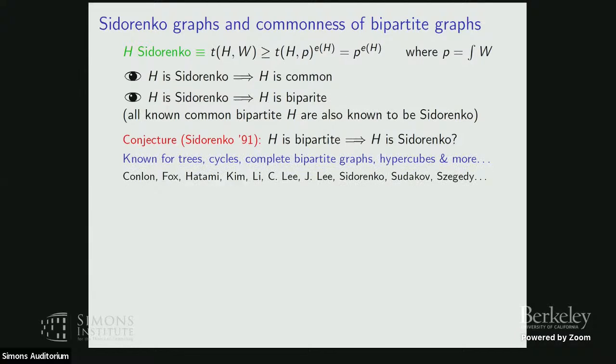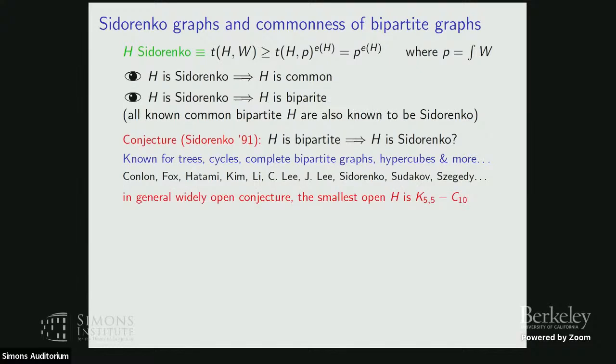Well, it has been proven for various classes of bipartite graphs, like trees, cycles, complete bipartite graphs, hypercubes, and more. And here I just listed the set of people who are behind all of these results, and more results on this topic.